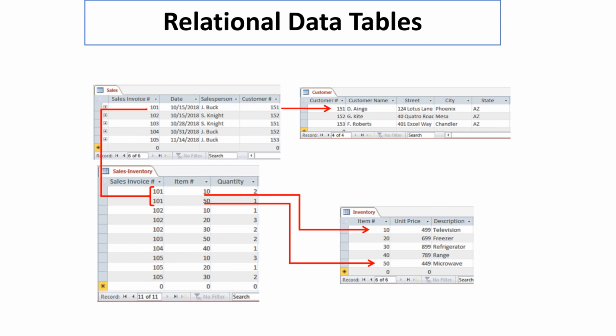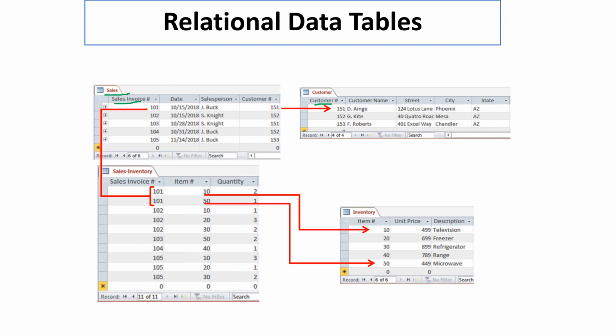So the first table is sales, and its primary key here is the sales invoice number, and it's connected to the customer number. So you can see here the customer number 151, which is DNG.